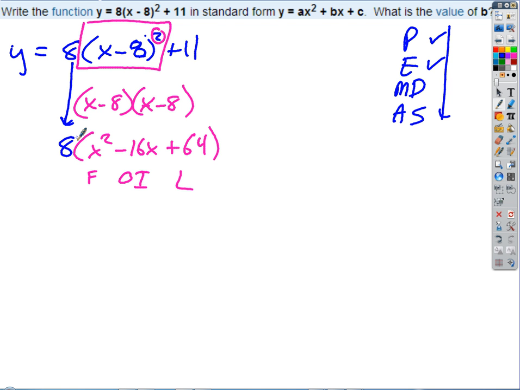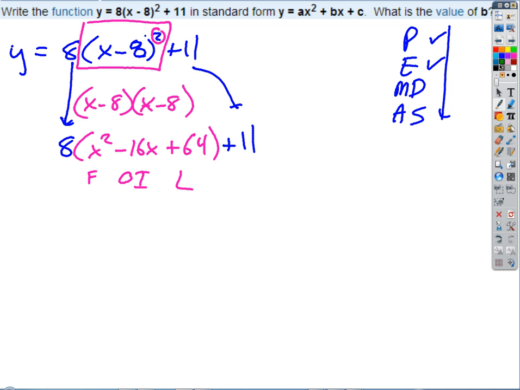Does everybody see, and this is real important, that I have to have that x squared minus 16x plus 64 grouped in parentheses, because it's still a quantity that 8 has to be multiplied all the way through? And I've still got this plus 11 at the end. So we took care of the exponents. Now what? Multiply.